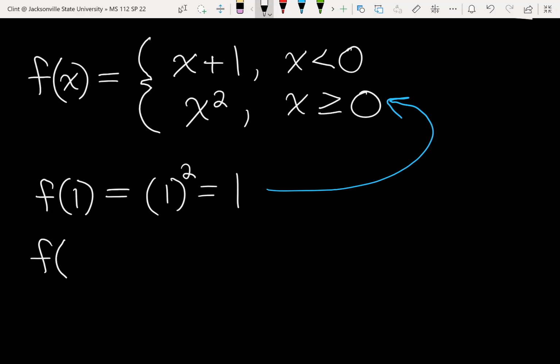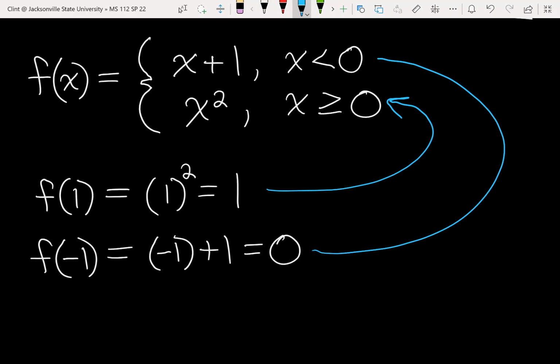Okay. What about if we had f of negative 1? We want to find our output when our input's negative 1. Negative 1 is smaller than 0. Okay. So that means we would use the top rule. Okay. And get 0. So we use the top rule because negative 1 is smaller than 0.